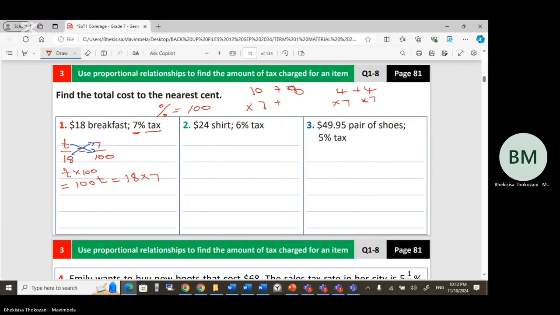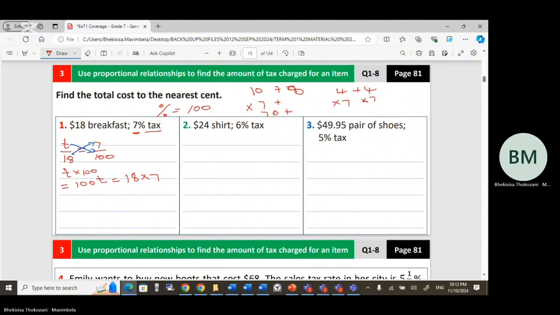So 7 times 1 is 7, and then you just bring down the 0 there, which is 70, right? And now you're looking for this 8. So we already know that 8 is 4 plus 4. Now, we all know 7 times 2 is 14.